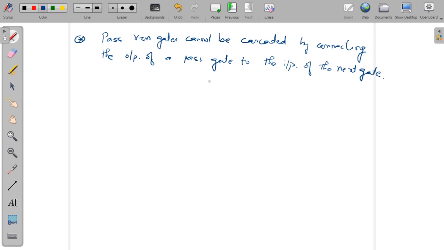Okay, and why can't we connect pass transistors in a series fashion? It is because the output voltage gets degraded, in the case of NMOS or PMOS when they are used as pass transistors. So let us see. This was not the case when we constructed gates using the CMOS design style.